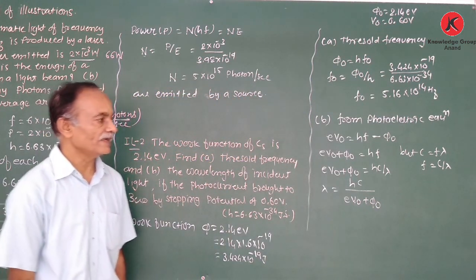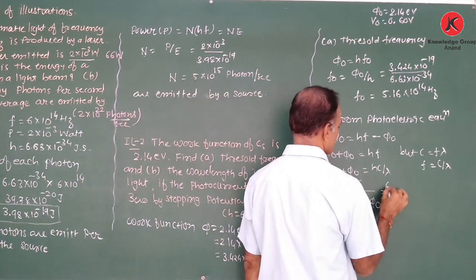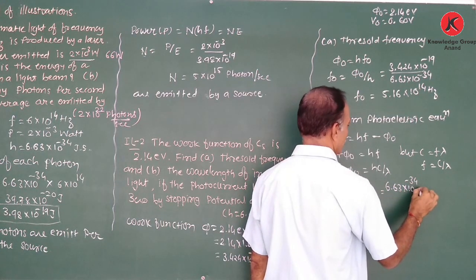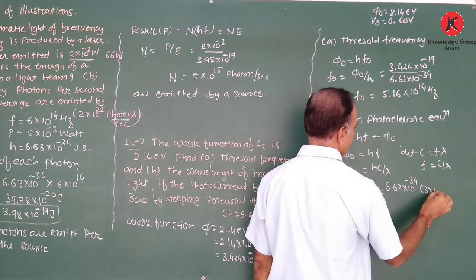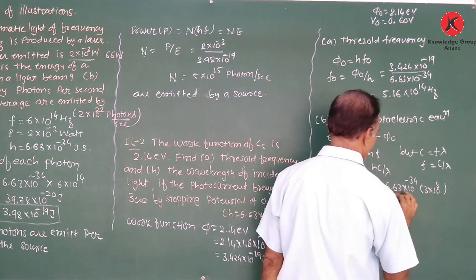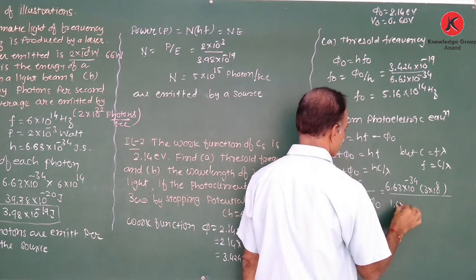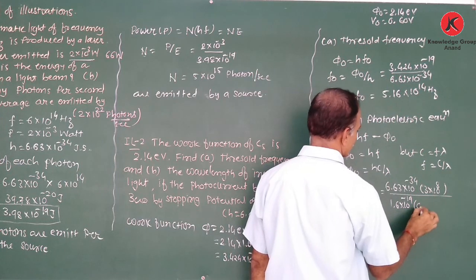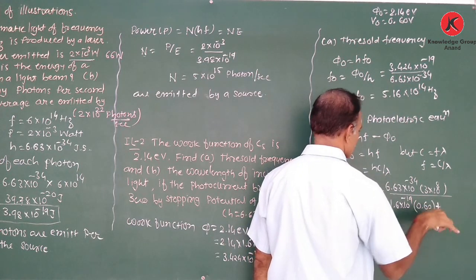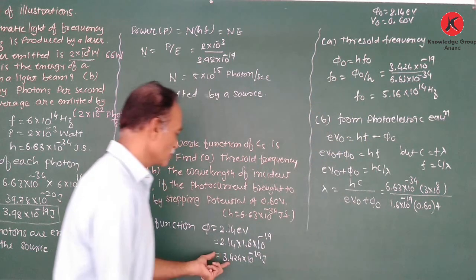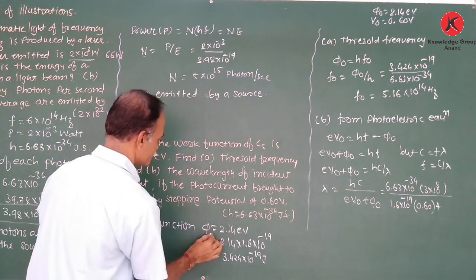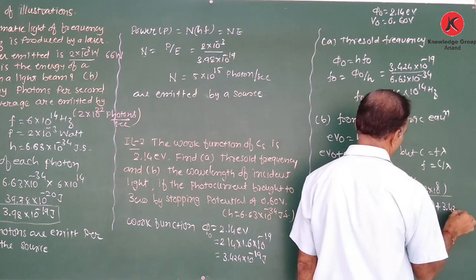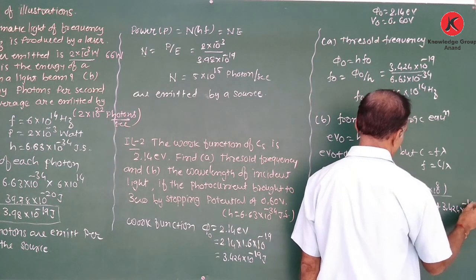Here we substitute the values: h is 6.63 into 10 to the power minus 34, c is 3 into 10 to the power 8, e is 1.6 into 10 to the power minus 19, V0 is given as 0.60, plus phi 0, already obtained in joule, 3.424 into 10 to the power minus 19.